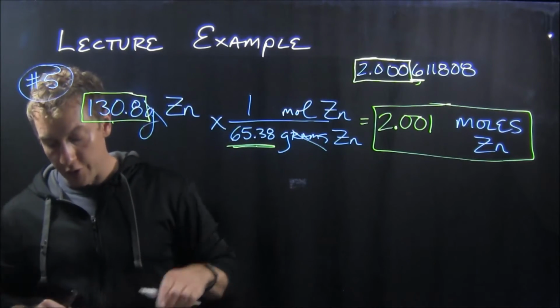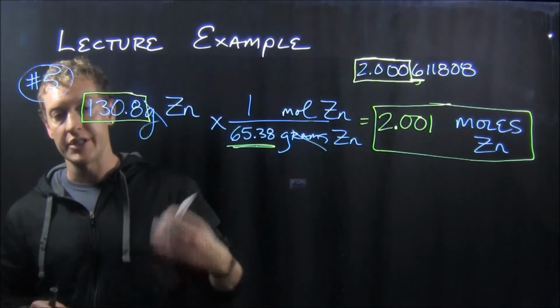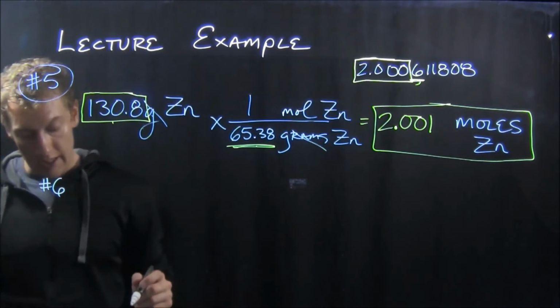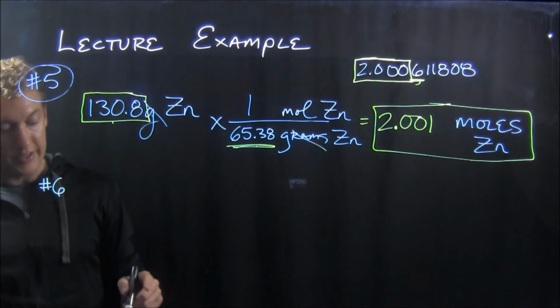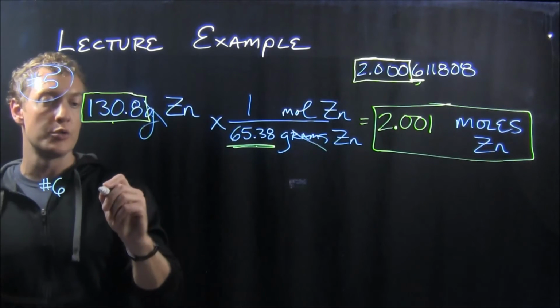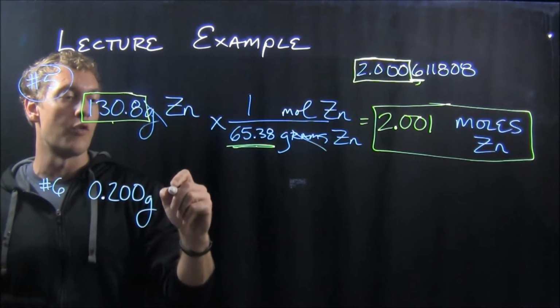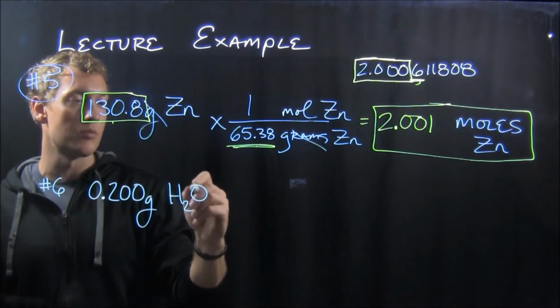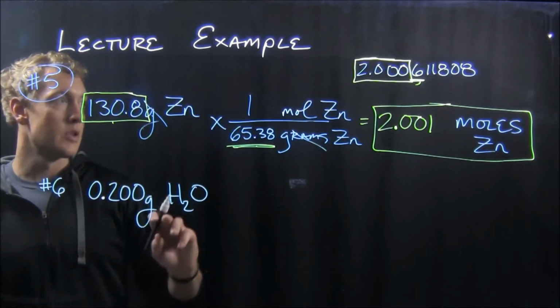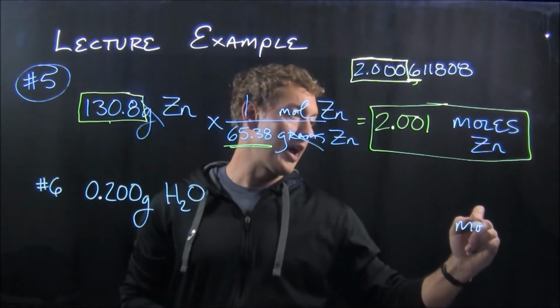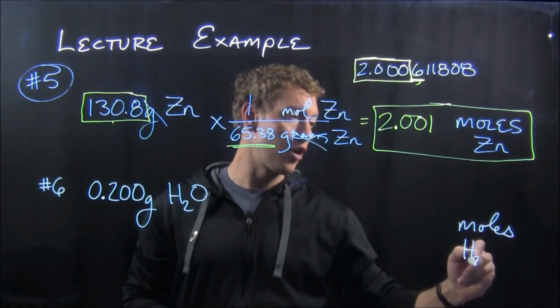If we move on to number 6. Number 6 from the lecture examples asks how many moles would be present in 0.200 grams of water, H2O. Same kind of format. We're going to end when we have moles of water.